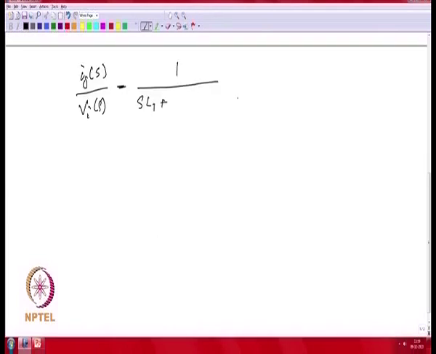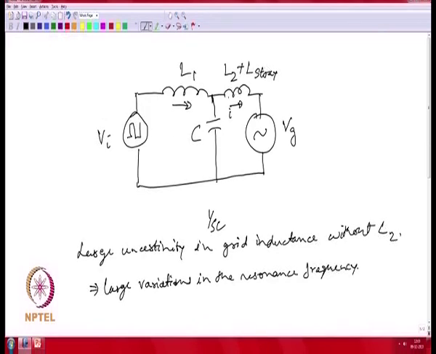So essentially you have sL2 by sC, and whatever current flows through your inverter side splits between these two branches depending on the ratio of the impedances.